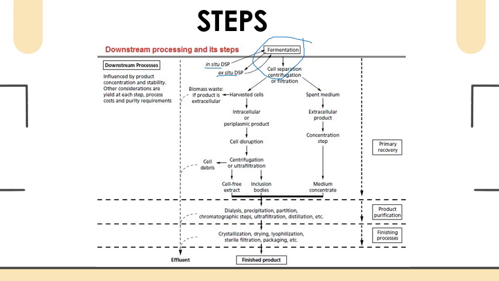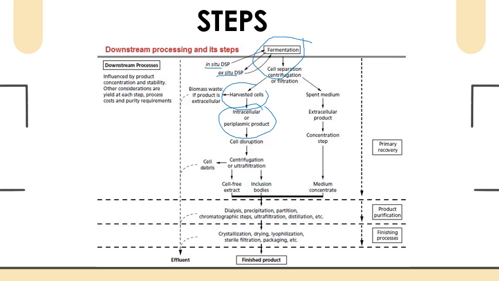So if we have biomass, in this case, we are going to harvest the cells. If we are going to harvest the cells, the biomass will be a wastage, which means that after we are done with getting what we need, which is the intracellular product, we are going to have a cell disruption.